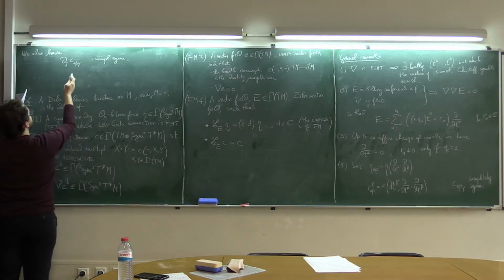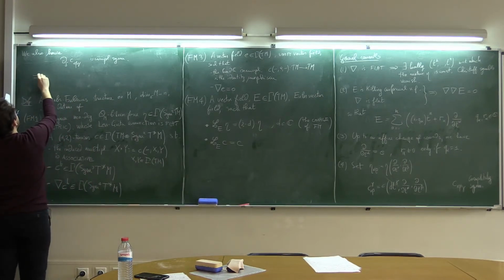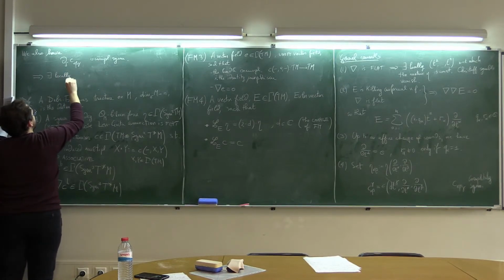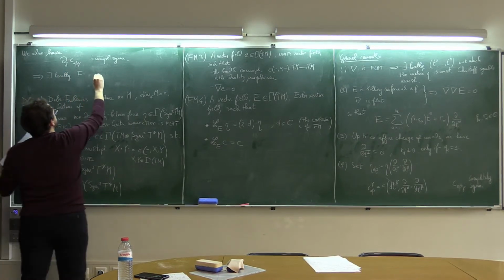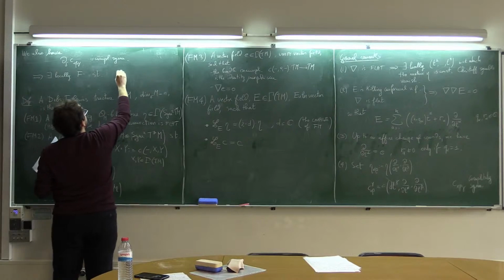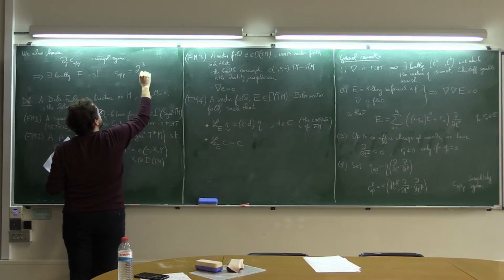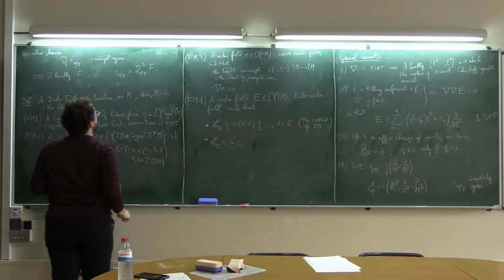But this complete symmetry implies the local existence of a function f such that C alpha beta gamma equals the third derivatives of this function f.